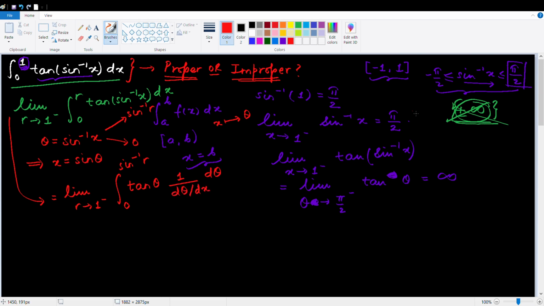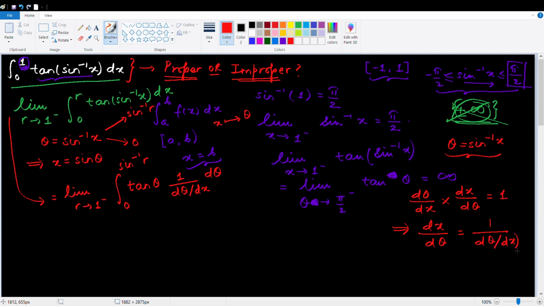Now if you look at the function theta equals sine inverse x carefully, this is an invertible function. So for invertible functions, we're going to get something like this, and this means dx by d theta is equal to the reciprocal of d theta over dx at points where it's non-zero.